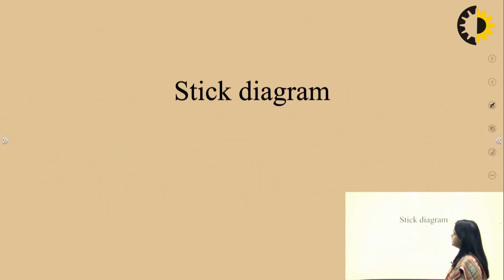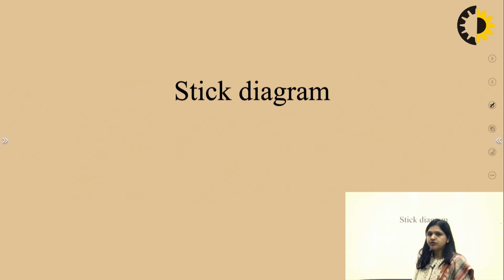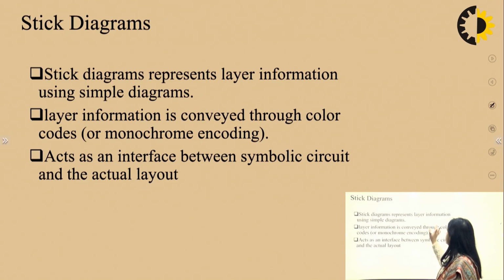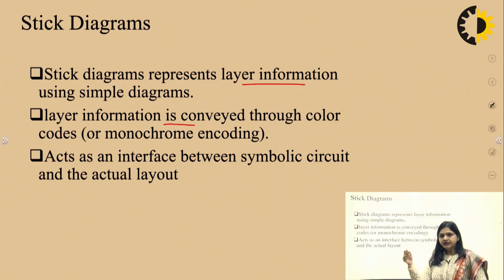Now come to the main topic, which is the stick diagram of that particular CMOS inverter. For the stick diagram, there are a few rules that you should know. This stick diagram is the simplest diagram which provides information about various layers like metal layer, diffusion layer, oxide layer, etc. By using color coding, we can identify the layers.